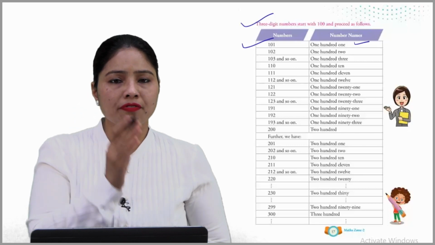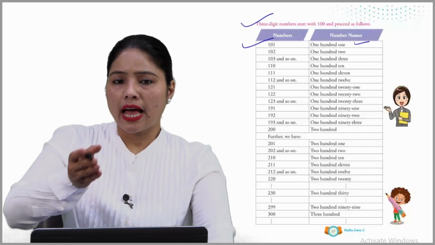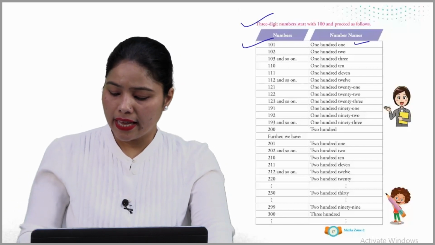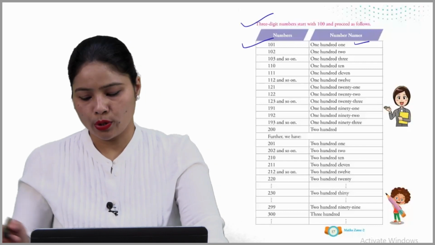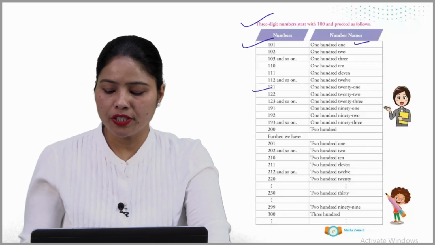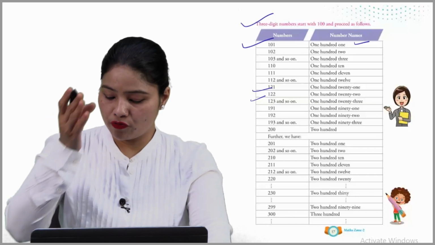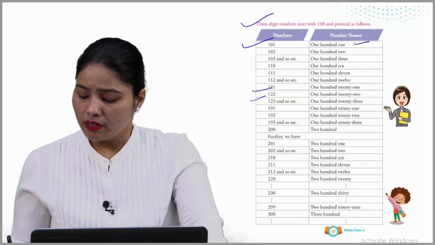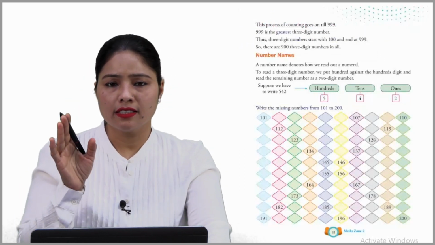Okay, so after 101, 102, then 103 and still 110 and then 111, 112 and so on. After this 121, 122 and these are the counting beta which goes further and further. Okay, so you just read and write the counting.